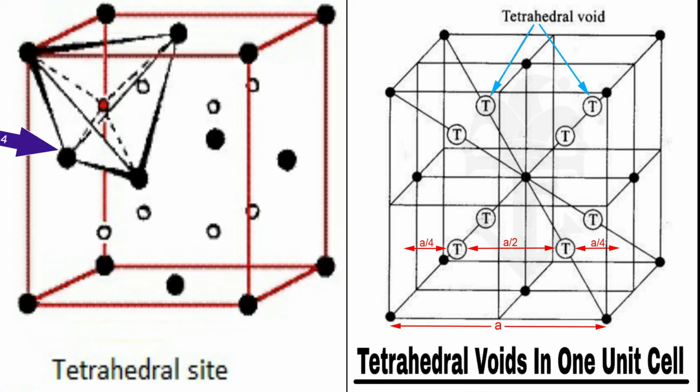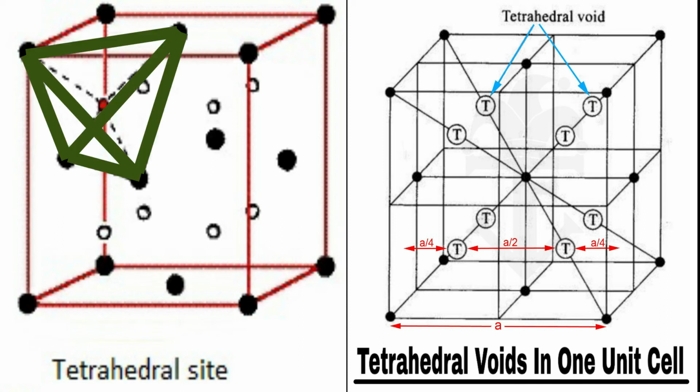The atom at the center of the face perpendicular to that, pointing towards us, is atom number 4. If you note it carefully, you will see a pyramid shape, and at the center of that pyramid there is a gap, called a tetrahedral void, because that gap is surrounded by 4 atoms.